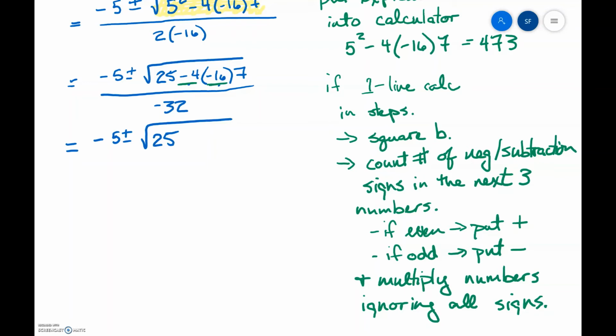A negative times a negative gets me a positive. And then I do 4 times 16 times 7, which should be 448 over my -32.